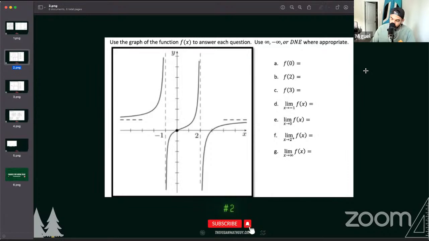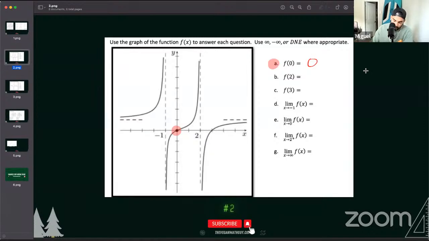Okay. Let's go to part A in this case. So part A is asking what f of 0 is going to be. All we have to do here is look at our graph and see what the y value is when x is equal to 0. And as you can tell, it is just the origin. So we can say that our answer here is just 0.